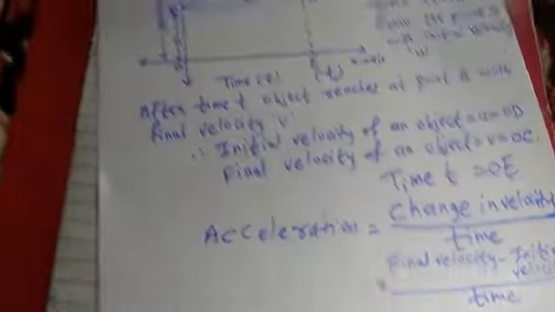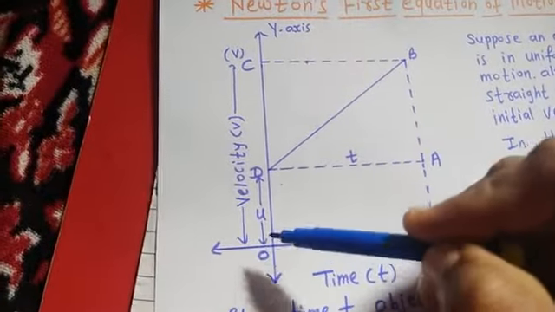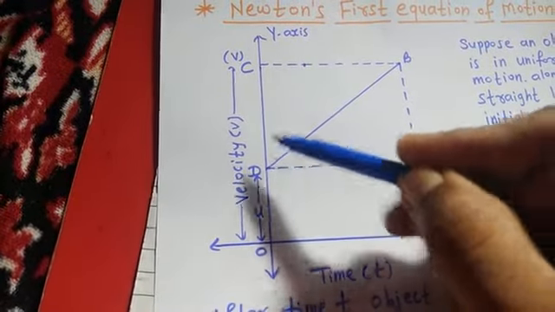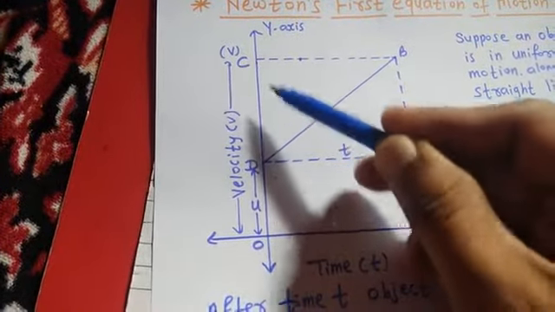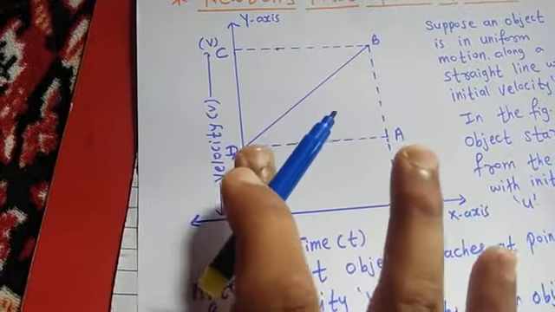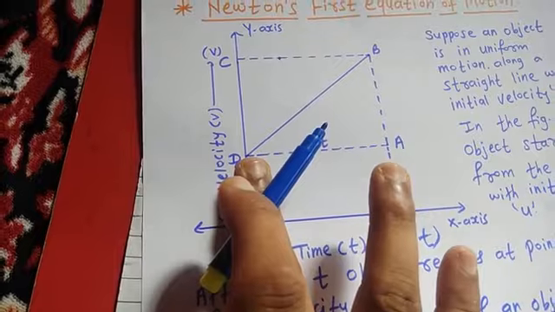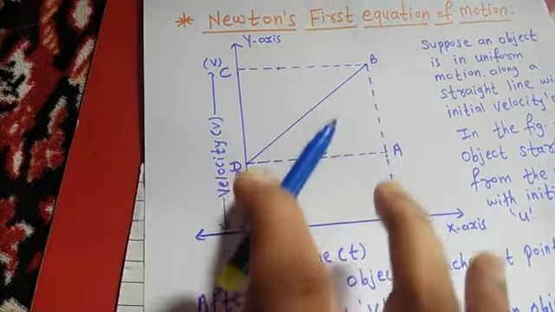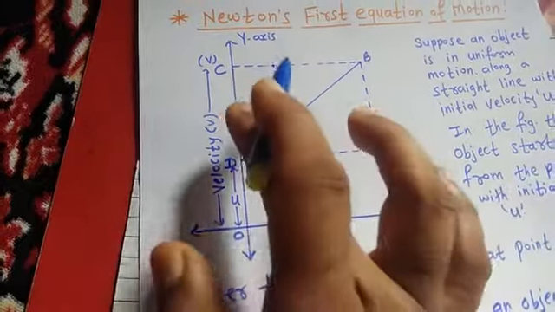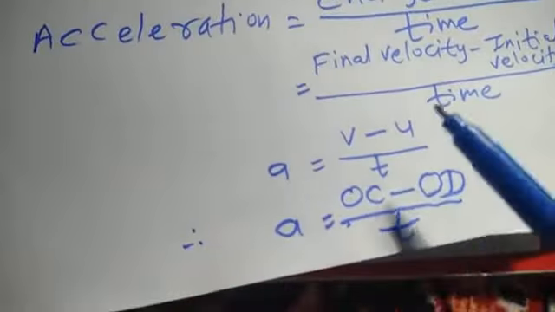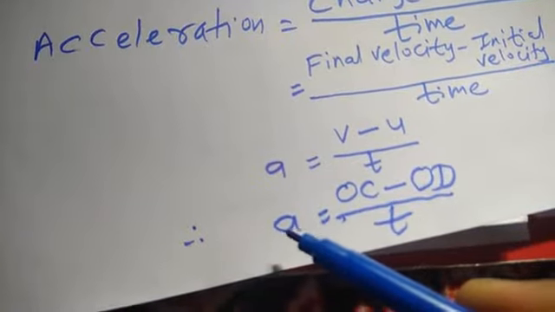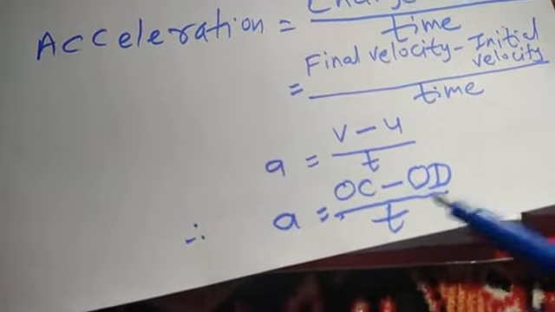What is OC minus OD? OC minus OD is nothing but CD. If we cut OD from the line segment OC, then we will get the segment CD. So OC minus OD is equal to CD. So we can replace OC minus OD by CD. So we will get a is equal to CD upon t.